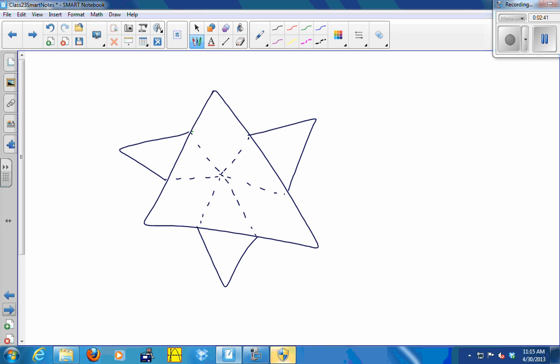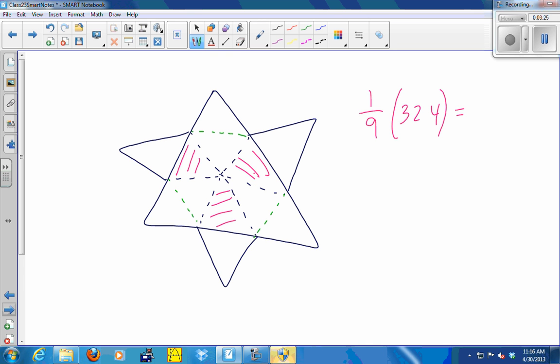And then if I put in these lines here, if I folded them all in, how many completely equal triangles fit on top of the original surface? There are 9 triangles, all exactly the same size. 3 of them are the ones that I attached. So each of these is 1/9 the total area of the triangle. Does that make sense? Each of the triangles that I'm attaching is 1/9 my total area.